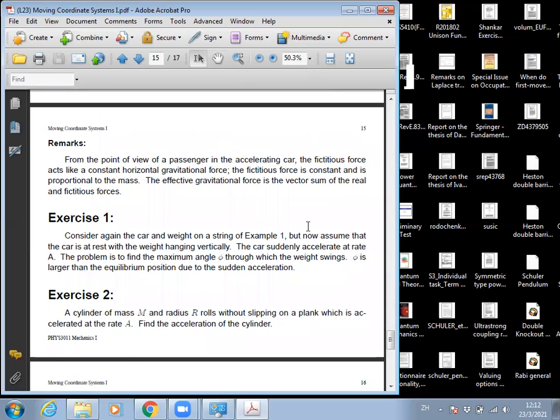Okay, you can try whatever you want. But if you choose the correct frame, the calculations will be much simpler.